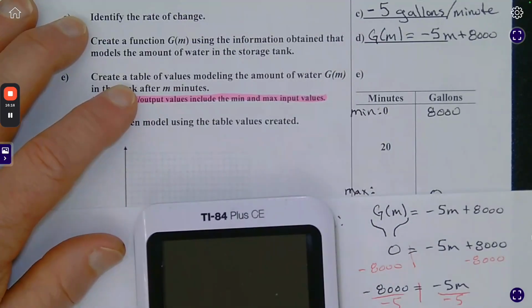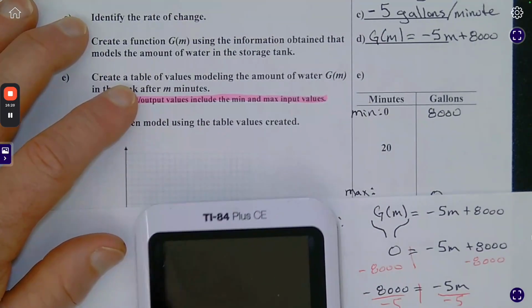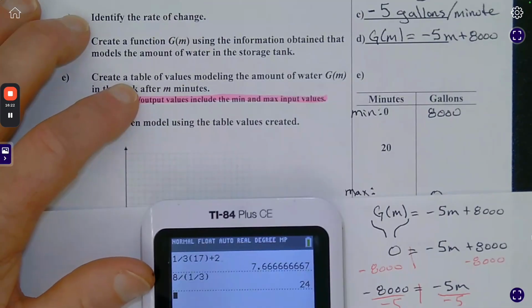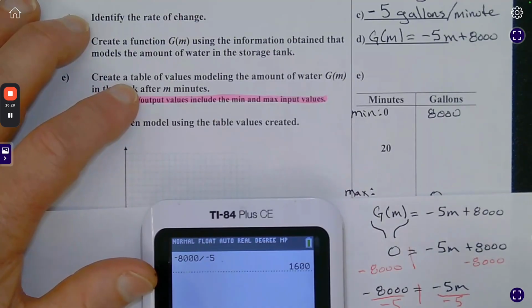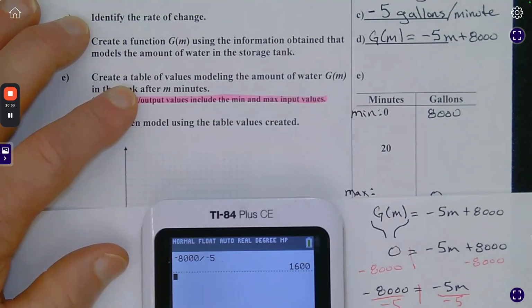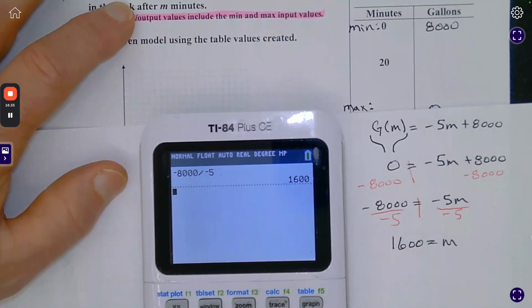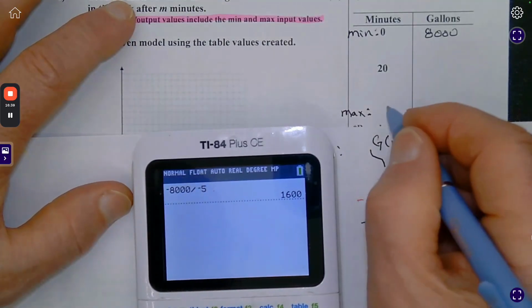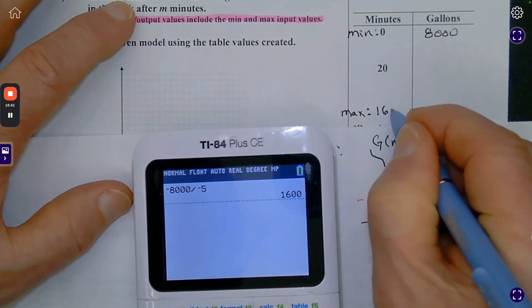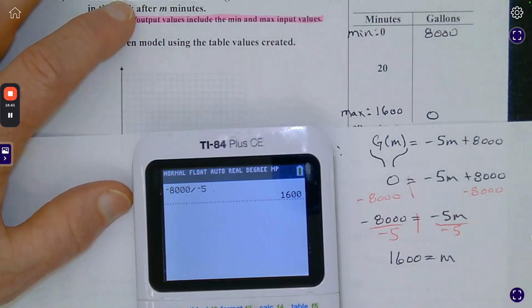So negative 8,000 divided by negative 5 is 1,600 minutes. That's how long it's going to take for this tank to empty. So this max time is 1,600.